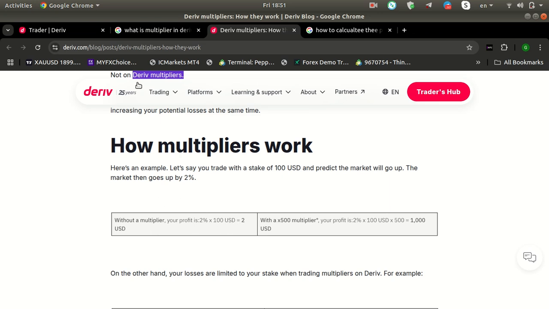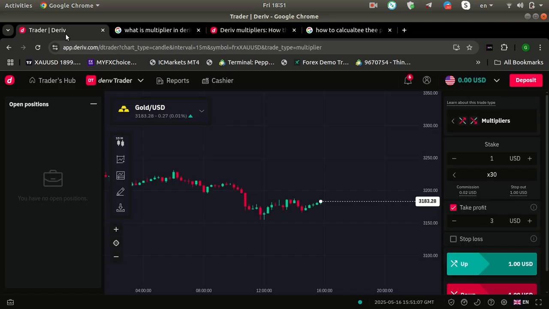So if you come here, let's go back to the chart, you stake 100 USD, then you enter a trade saying the market is going to go up. Then the market goes up 2%, a distance of 2%. The profit you will have made if the multiplier here was 0 is $2.